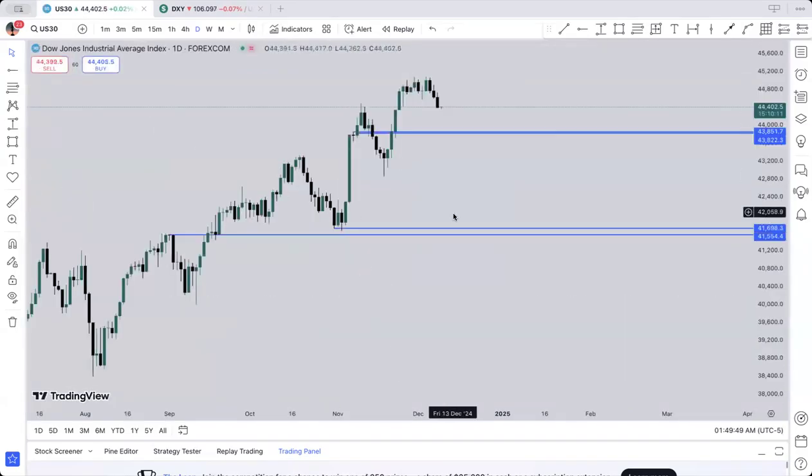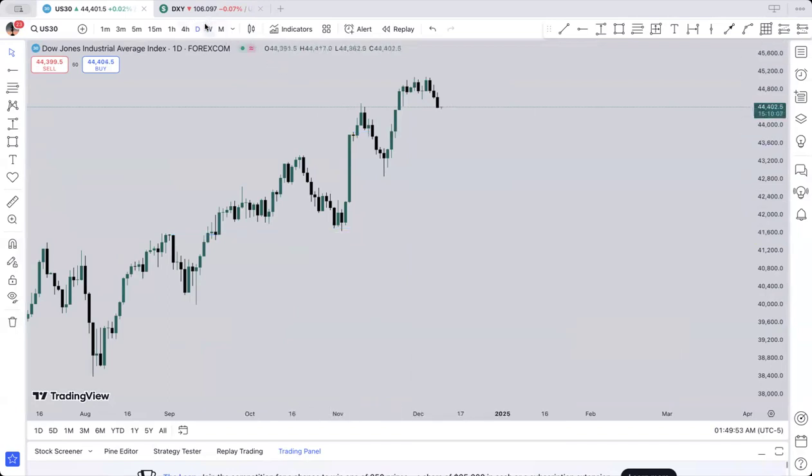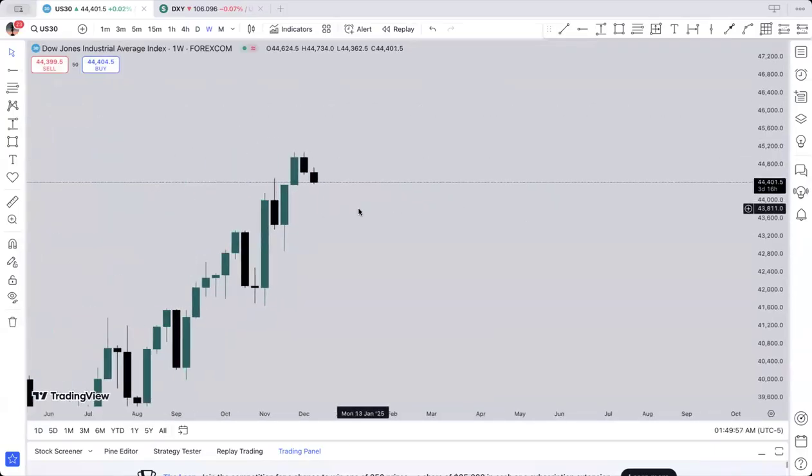So US 30, what do we have? Basically we have this down close, right? And then we have this down close as well. This was triggered because it has a lot of volume plus the gap, all right?